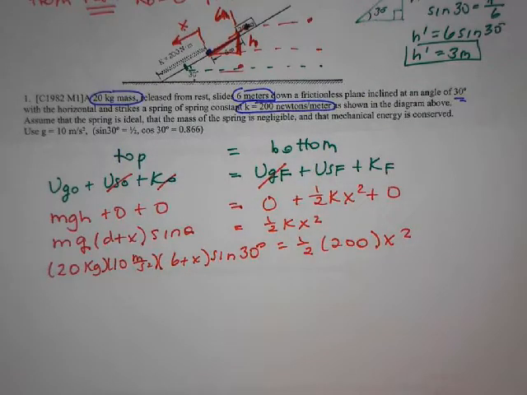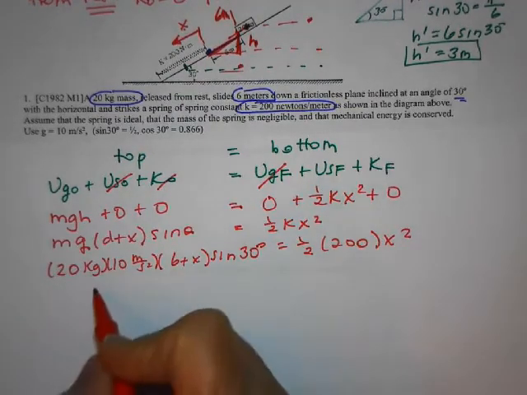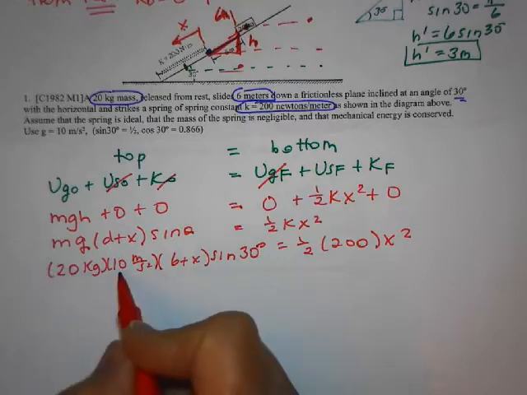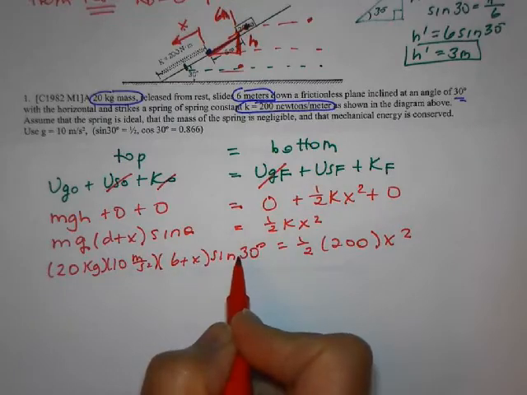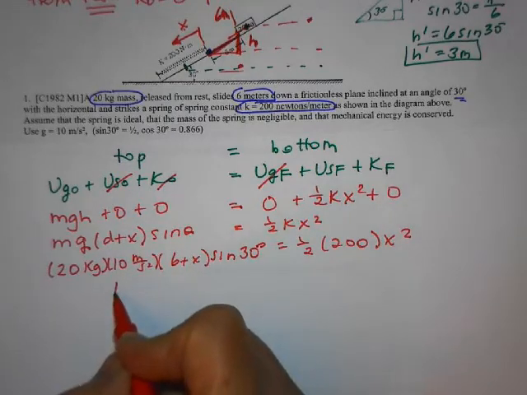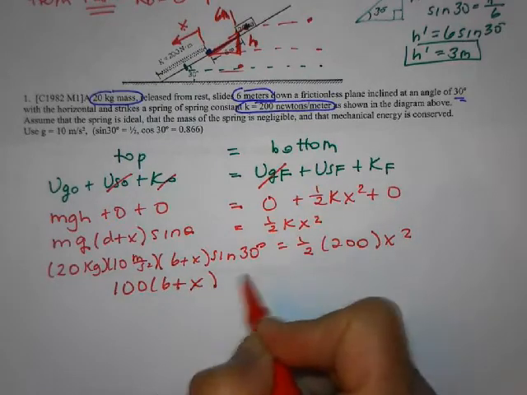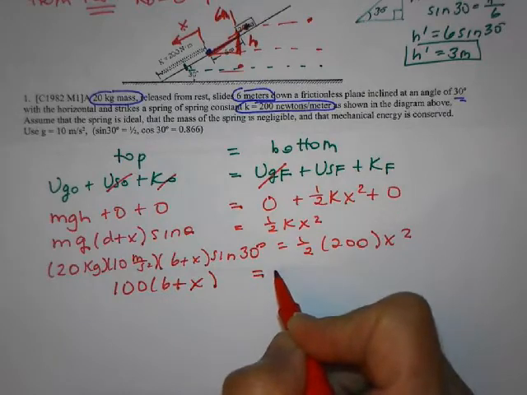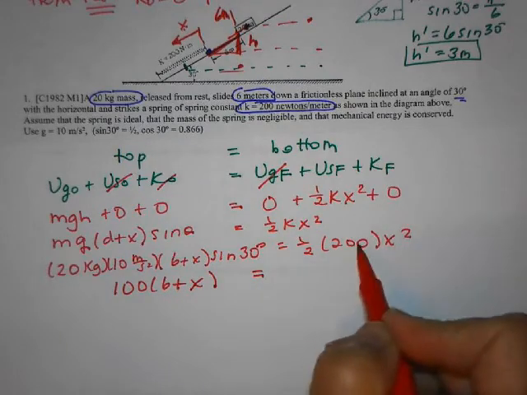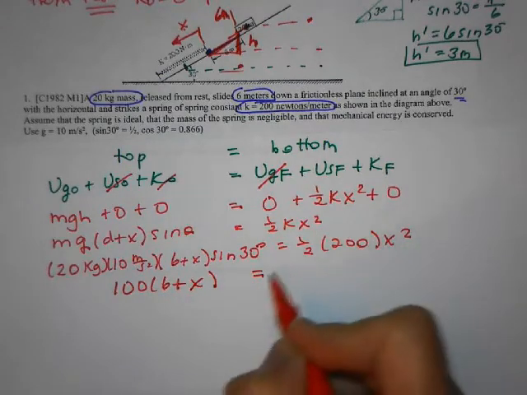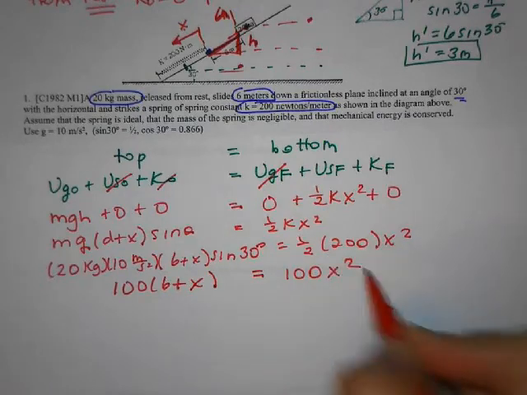So when I do that, the only way to solve this is to do the quadratic equation. So when I multiply this all out, 20 times 10 is 200 divided by 2, because sine of 30 is 0.5. So that would be 100 times 6 plus x is equal to, and when I multiply this, 200 divided by 2 is 100. So that's going to be 100x squared.